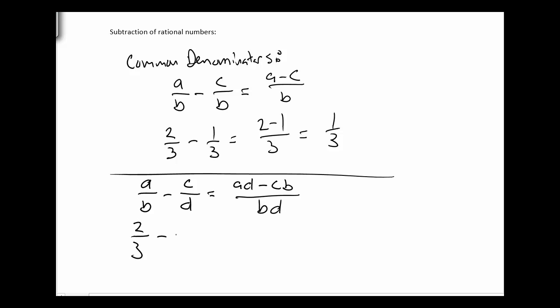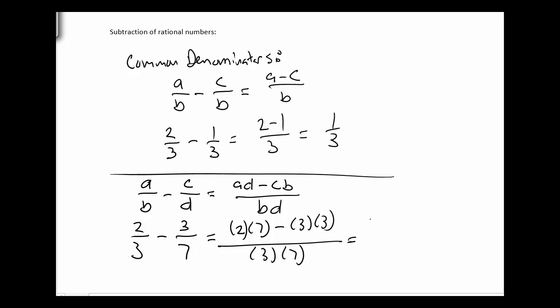So 2/3 minus 3/7 would be 2 times 7 minus 3 times 3, all over 3 times 7. So 14 minus 9 over 21, and that would be 5 over 21. So all of our earlier rules still apply. We just have negatives that we're bringing into this.